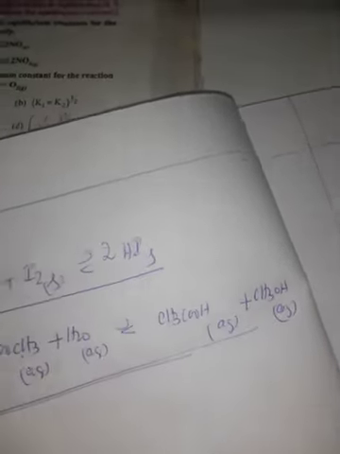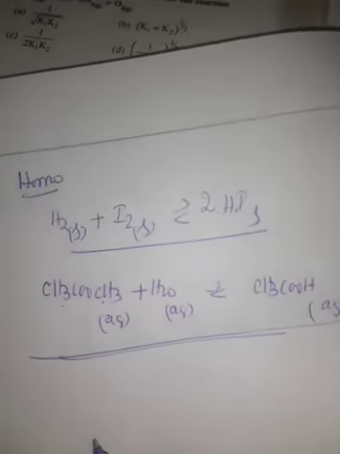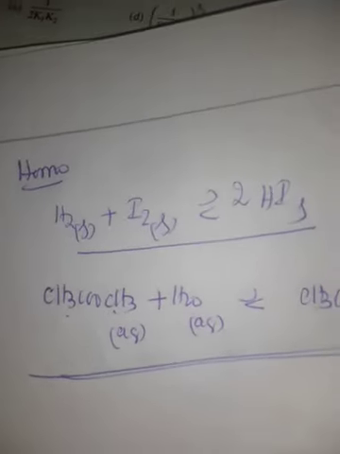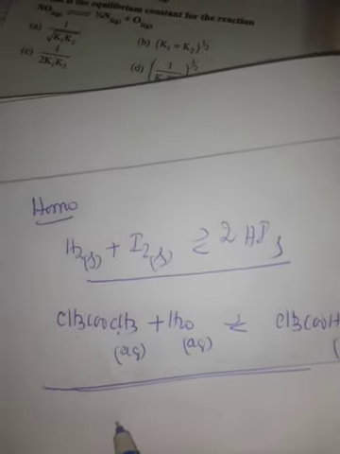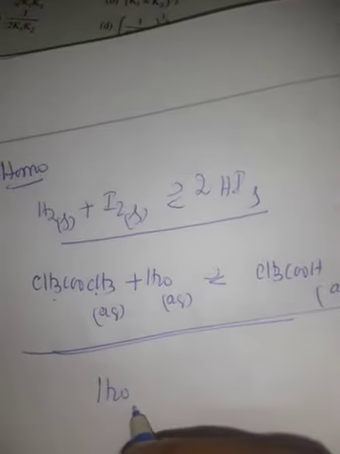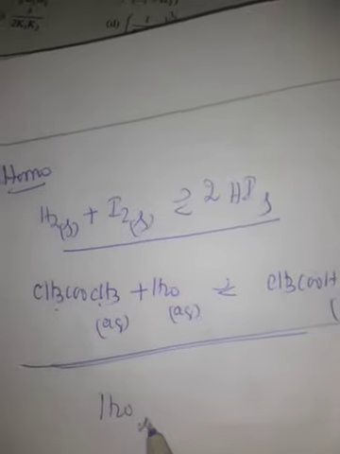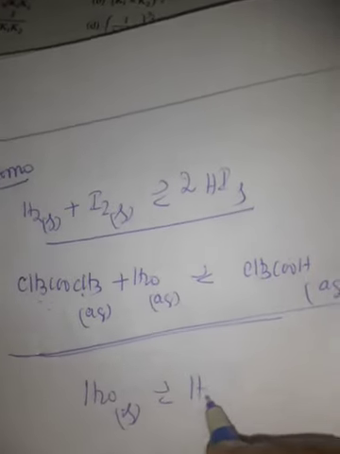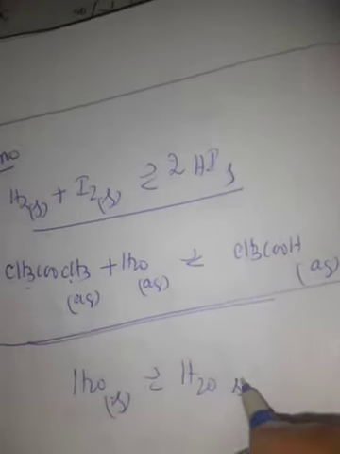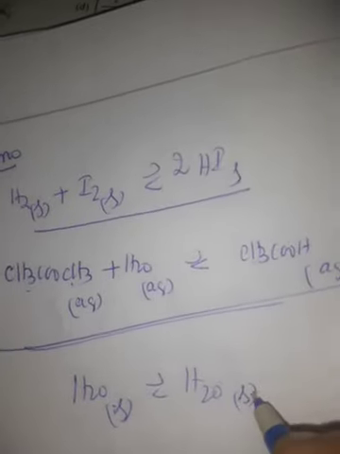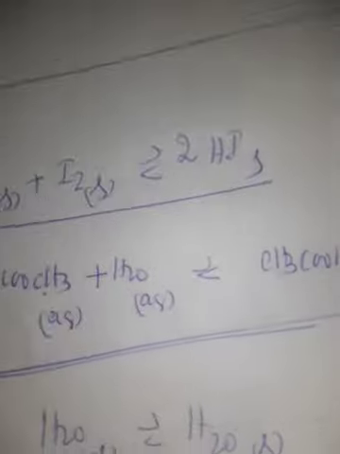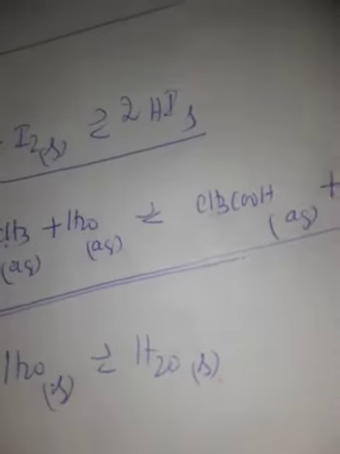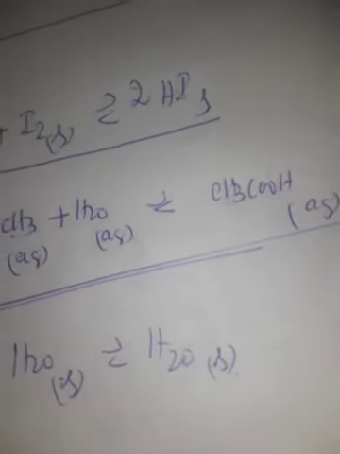Another example where all the reactants and products are in the same phase. Now heterogeneous: the reactants and products are in different phases. For example, H2O gas becomes H2O solid, different phase.